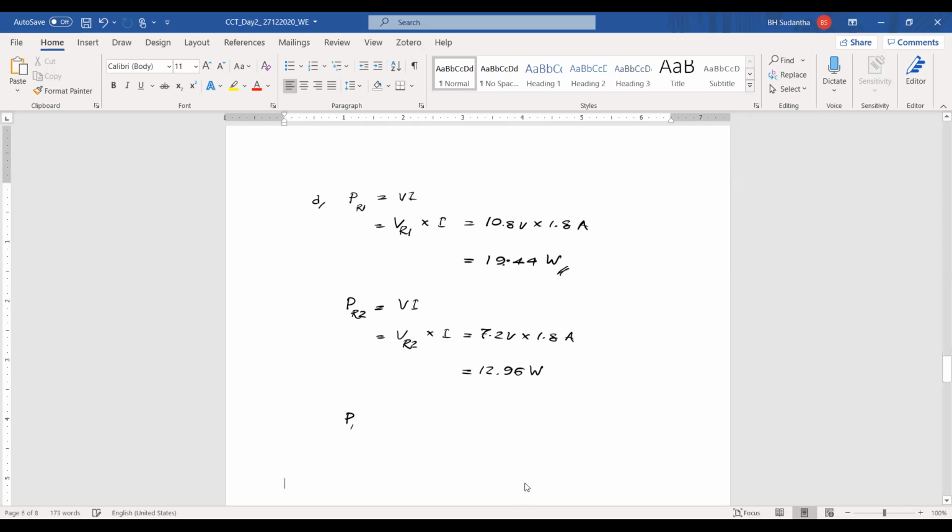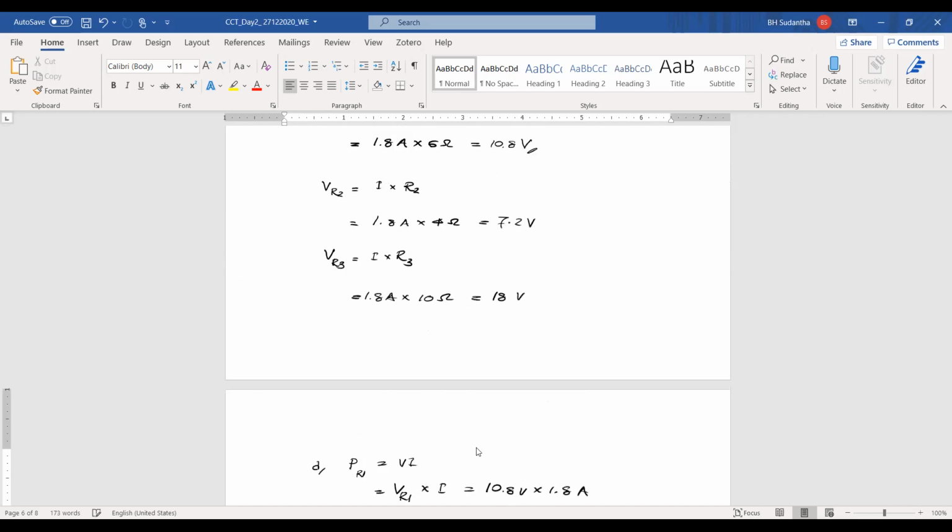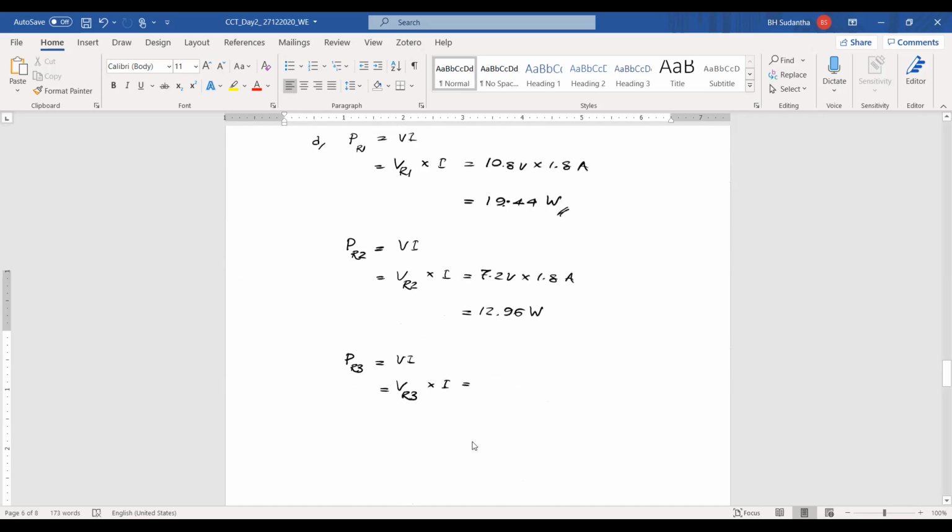Then PR3 is VI, VR3 into I. VR3 means 18 volts into 1.8 ampere. 18 into 1.8 is 32.4 watts.